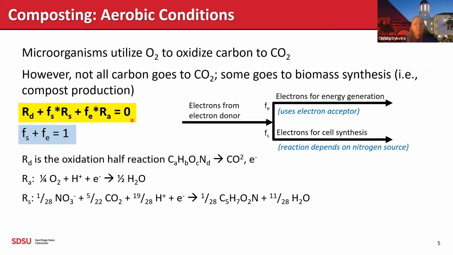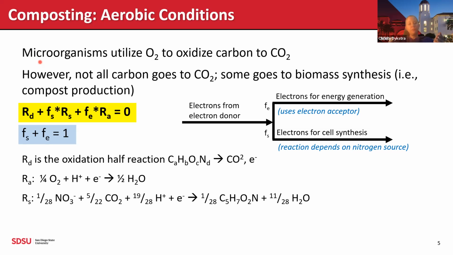So now we get into the very important section of how we calculate how much oxygen we need or how much compost we're going to be producing with a certain waste. So let's think about the electron acceptor, electron donor relationship.